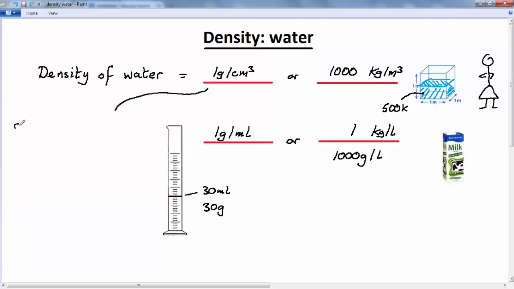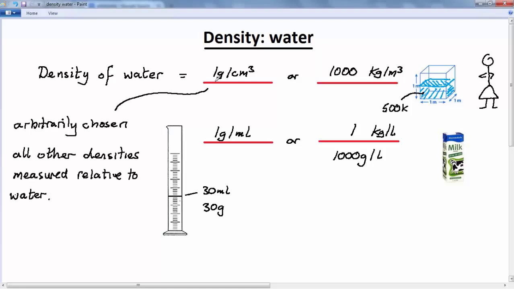Its density was arbitrarily chosen sometime way back around the start of the 18th century, when the metric units were first introduced in Europe. I'm not a historian, but the point is that it's not a coincidence. These were arbitrarily defined, and so all other densities are measured relative to that of water.